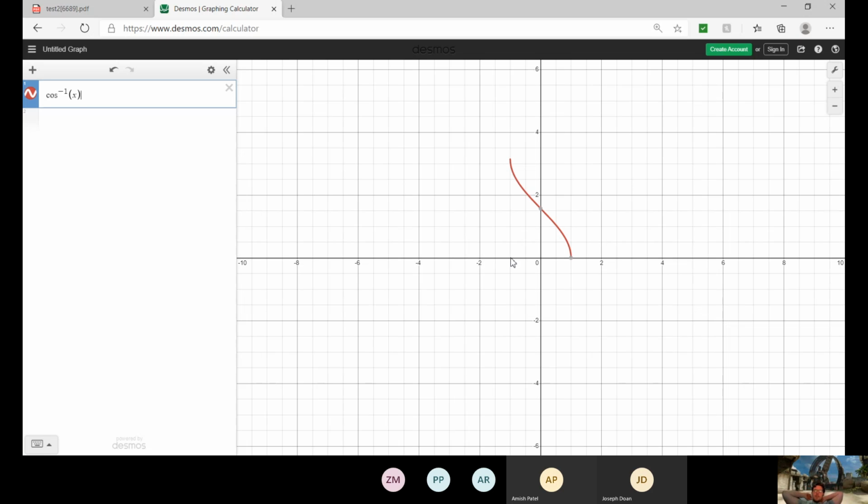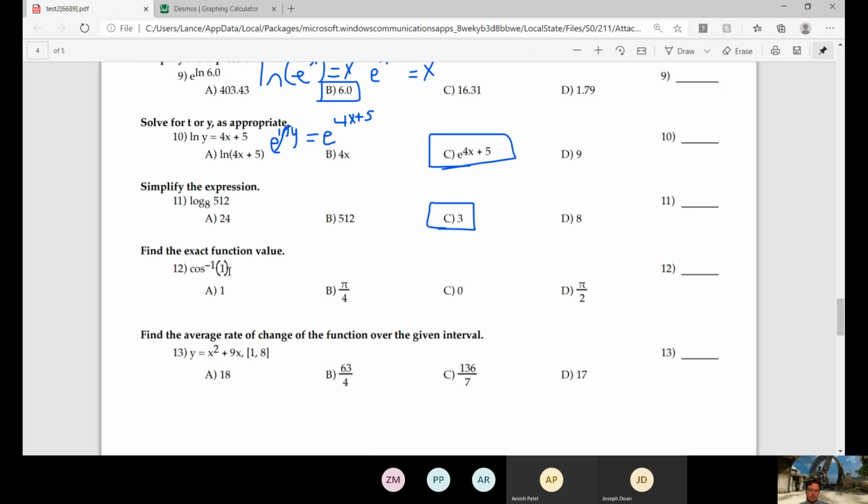Same with sine inverse. And the range is what changes. The range is from 0 to pi. Sorry. Yeah, you had it. Since 1 is in the domain, you can solve it. The cosine of what equals 1 is 0. You're right.